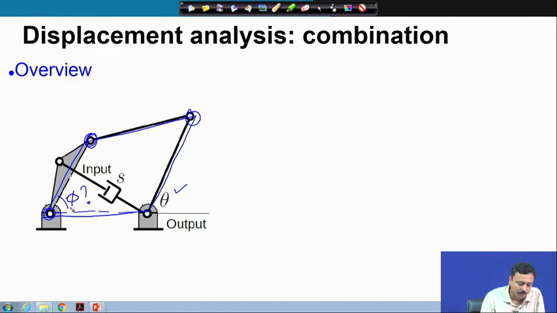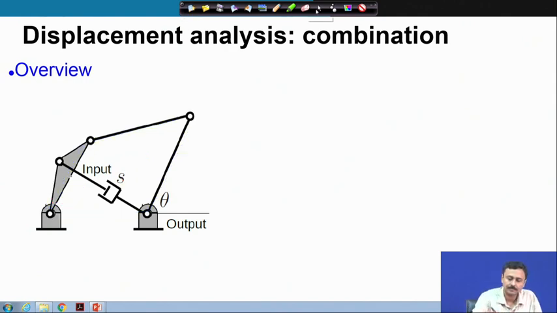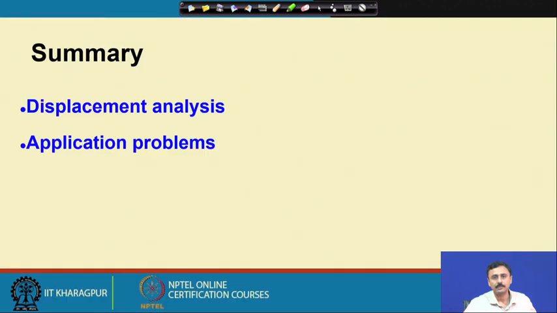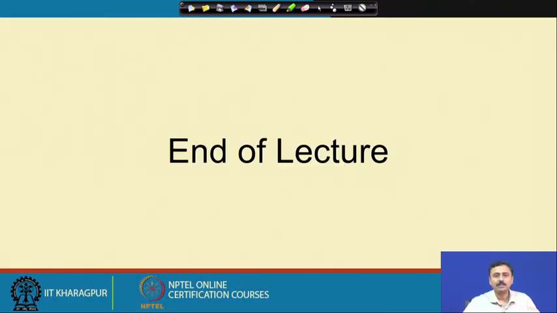Once I know phi, since alpha is known to me, this total angle is known, this angle is alpha plus phi, and using the cosine rule I can find out S. So, given theta we can find out S just by the reverse procedure. So, this is just an overview, the detailed calculations can be very easily performed. So, with that I will close this lecture.